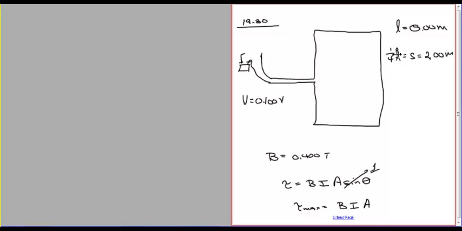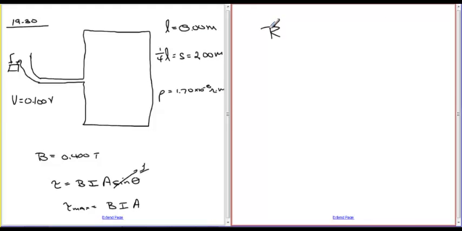The resistivity of copper is 1.70 times 10 to the minus 8 ohm meters. If you remember, resistance in a resistive element is equal to the resistivity times the length divided by the area. This area is the cross-sectional area, which is given in the problem.